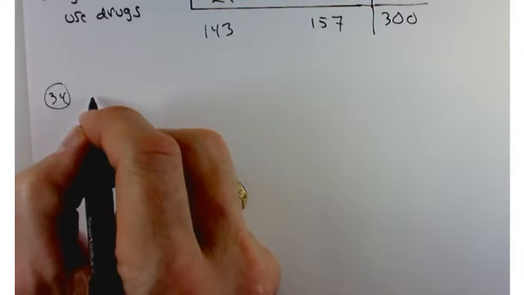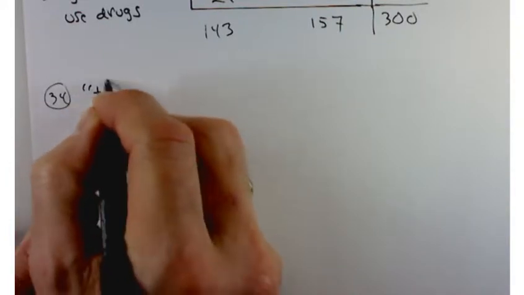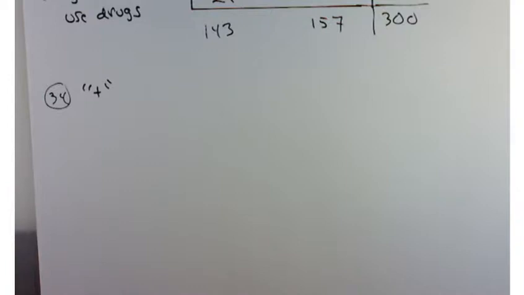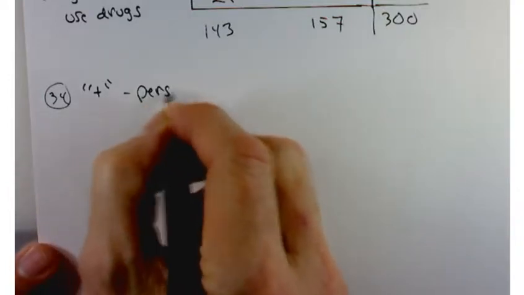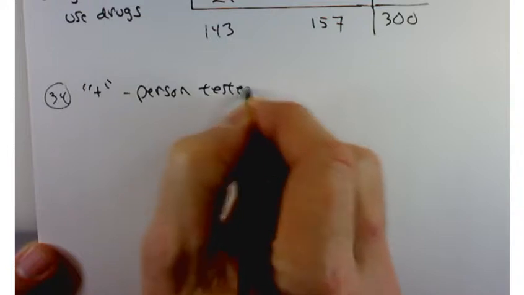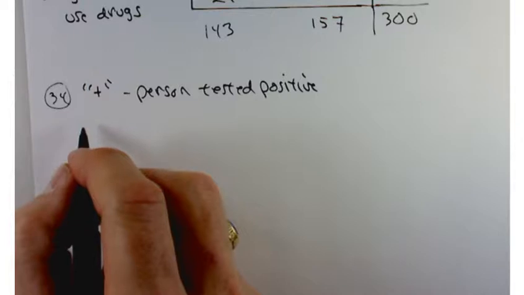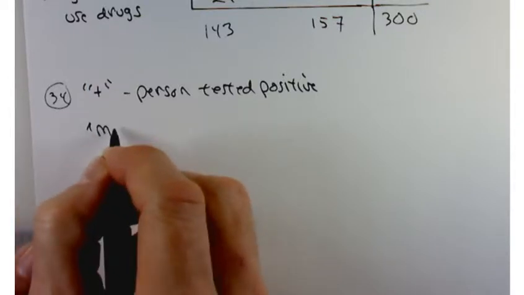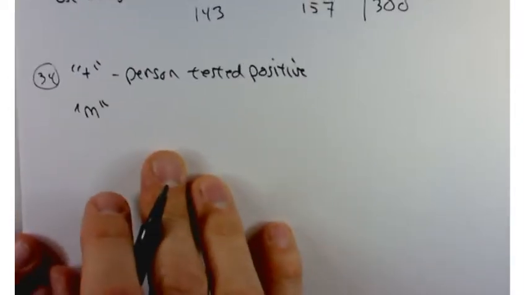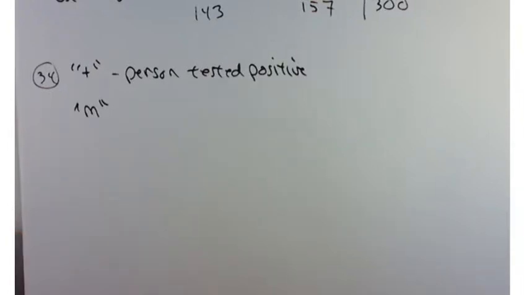Let plus be the event that the person tested positive, and M. Now this is a little bit of a disconnect for the problem, I think, because the problem talks about drug use, but the table talks about marijuana use, which, okay, if you want to call marijuana a drug, that's fine.